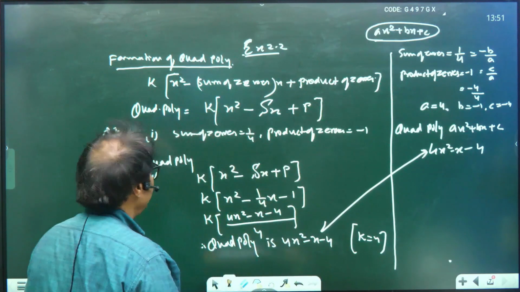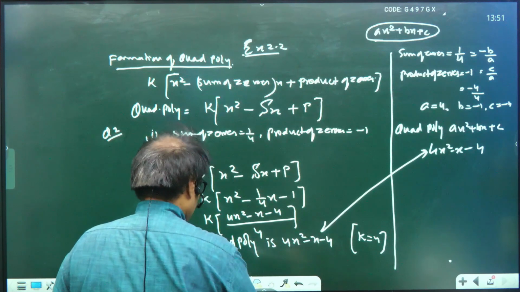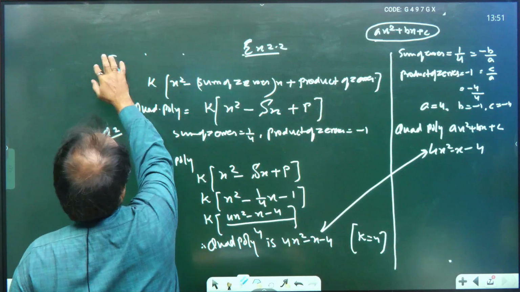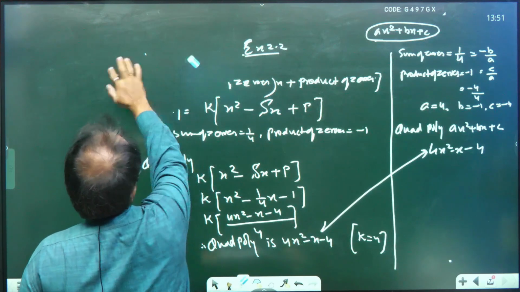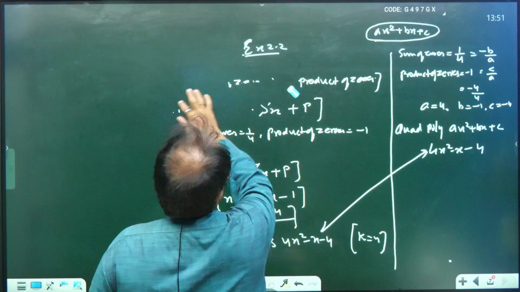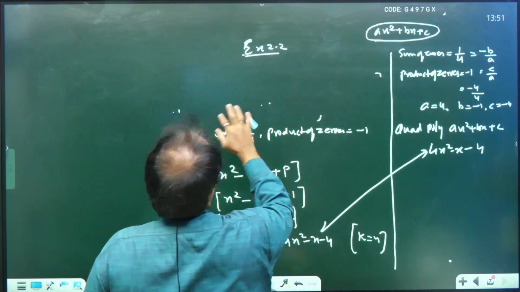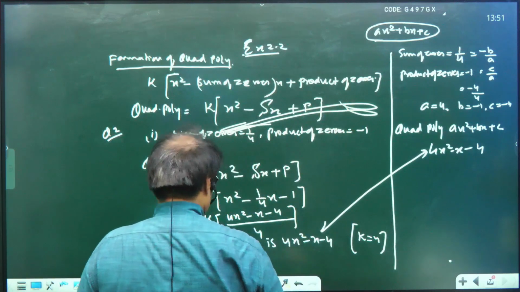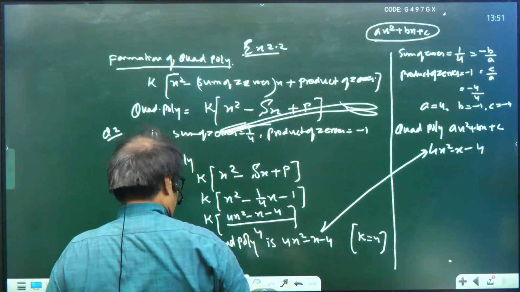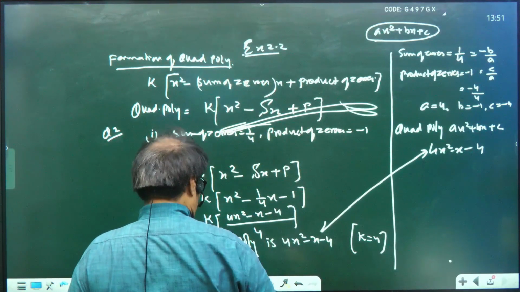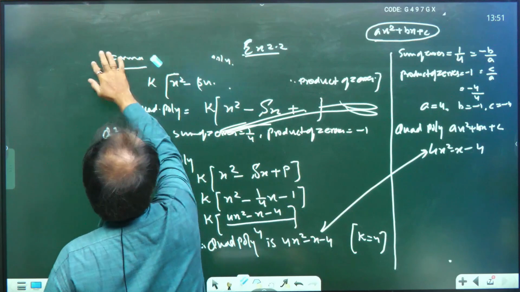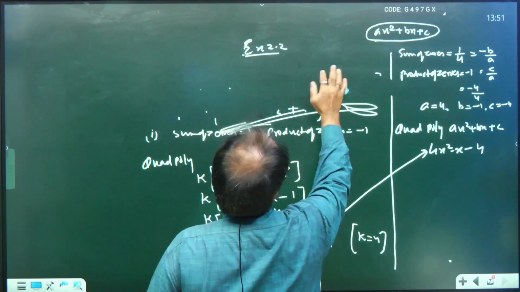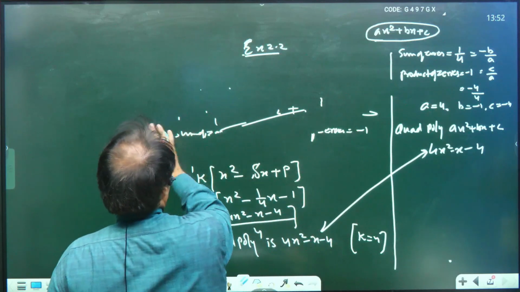Now I am taking question number 2, second part of this question, formation of quadratic polynomial. I will go with the k times x square minus Sx plus P method only. For the second method, if it is easy for you, then you may apply it. It is up to you.